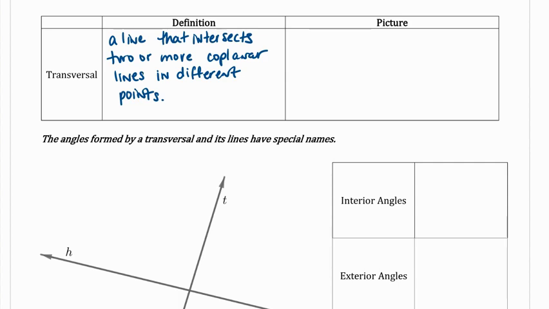So the transversal is a little different than parallel. It does actually intersect lines, but it intersects multiple lines. That's the key, that it has to be a line that intersects two other lines in different points, right?